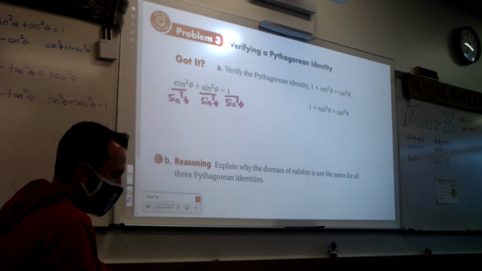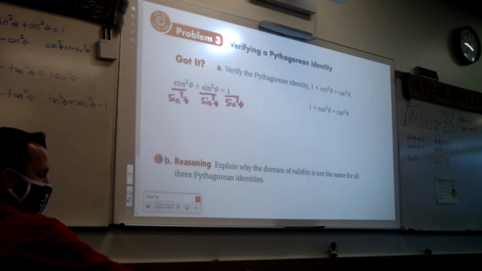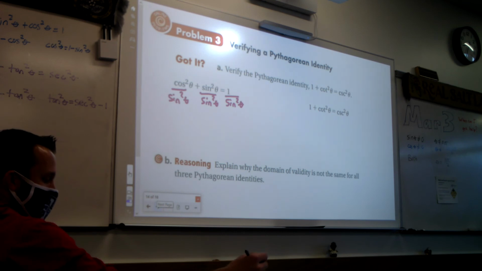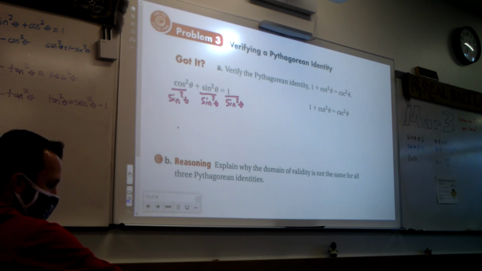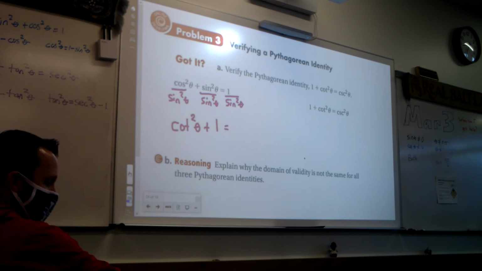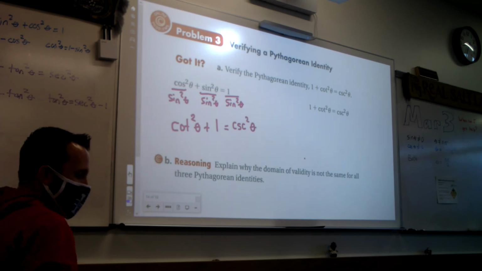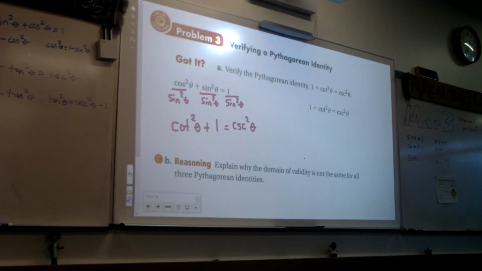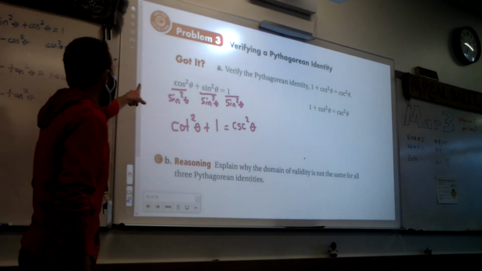What is cosine divided by sine? Cotangent. What is sine divided by sine? And what's 1 over sine squared? Cosecant squared of theta.